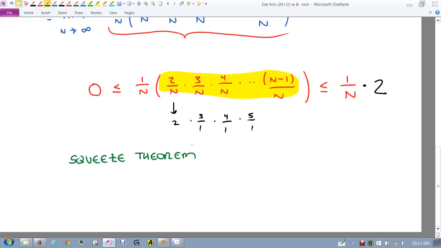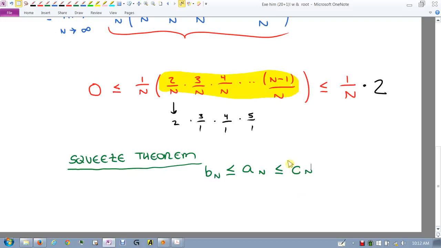Squeeze theorem said that if you have a function that's stuck between two other functions, and the two other functions go to the same place when you take the limit, then the one in the middle has to also go to the same place. If that's something you don't recall from Cal 1, you can go reference that. We're trying to take a sequence I'll call A sub n, and squeeze it between two other sequences, which I'll call B sub n and C sub n.